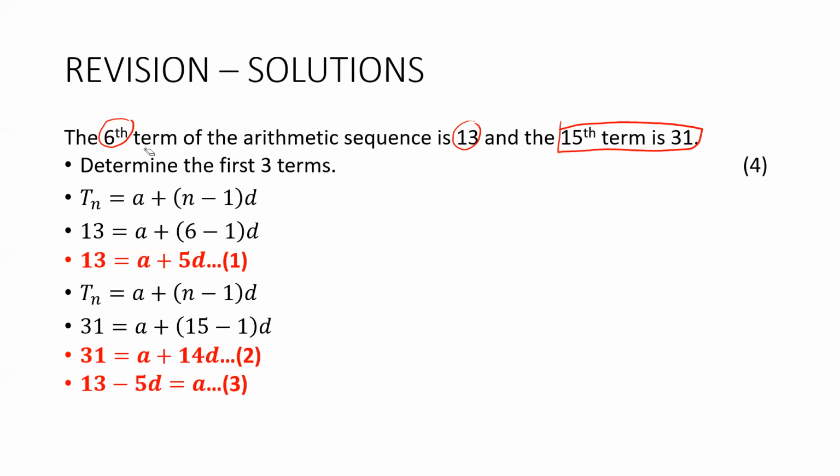Then we substitute equation number 3 into equation number 2. So we're going to substitute this whole thing into equation number 2. What are we going to substitute 13 minus 5d for in equation number 2? For a. Where there's a, we're going to put in that 13 minus 5d.